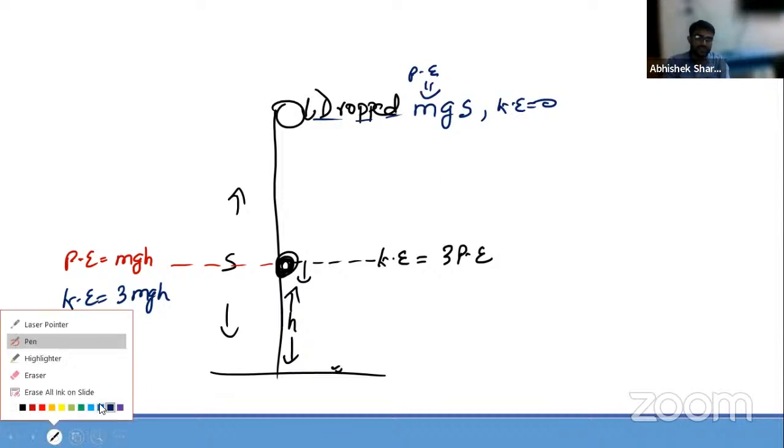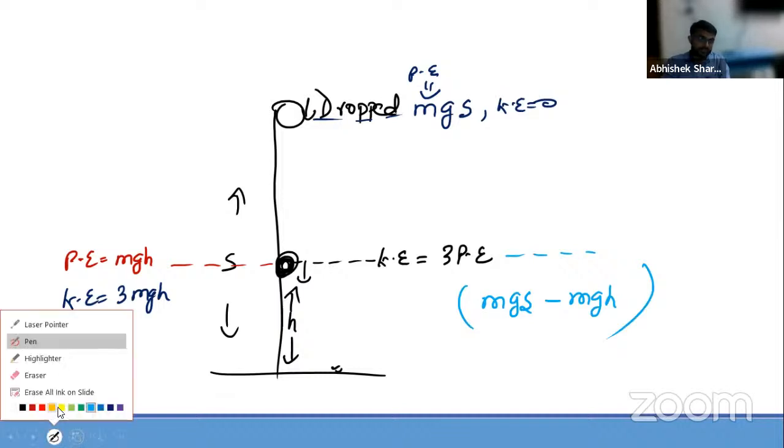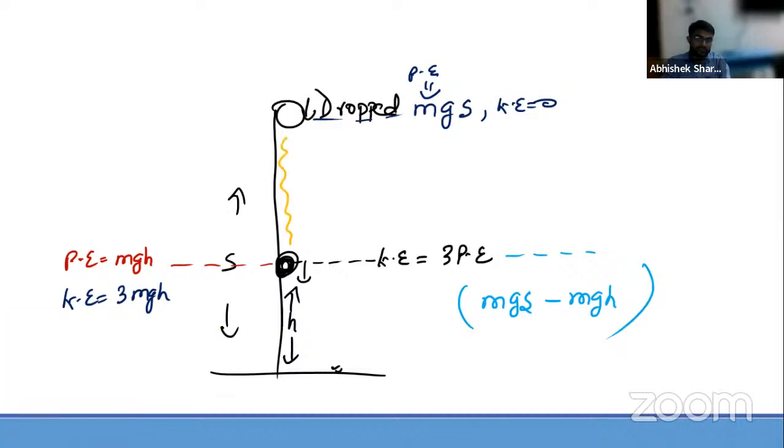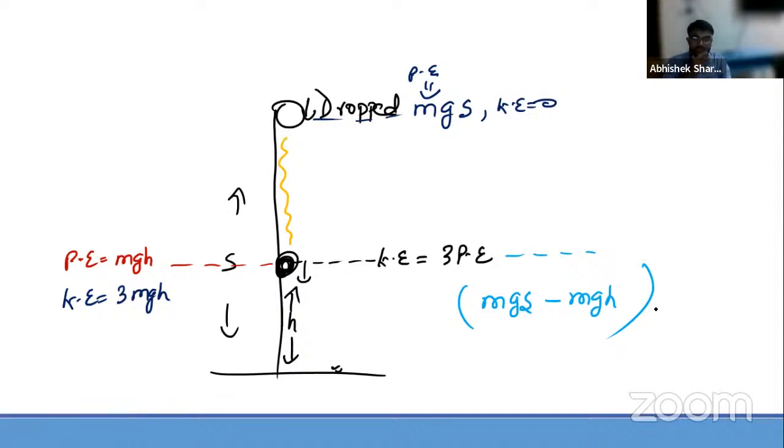So the energy conservation law says that at this level, the converted potential energy is mgs minus mgh, this much part is converted into kinetic energy.